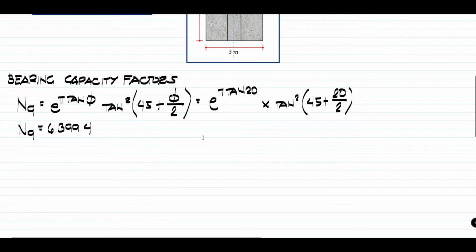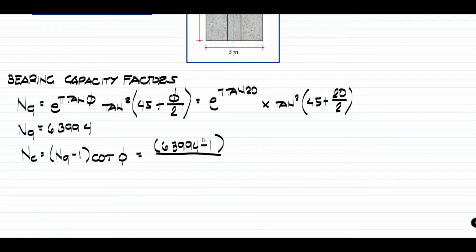For our Nc, syempre ang ginagamit pa rin natin dito is yung bearing capacity factors for Meyerhoff's bearing capacity equation. So, our Nc will be coming from Nq minus 1 times cotangent of phi. So, substituting the value of Nq and yung phi dito, we have here 6.3994 minus 1.